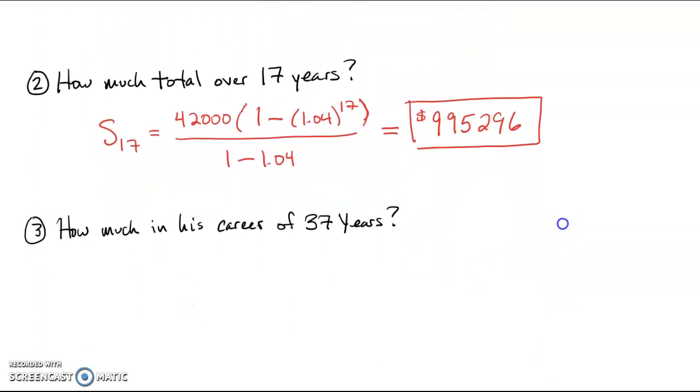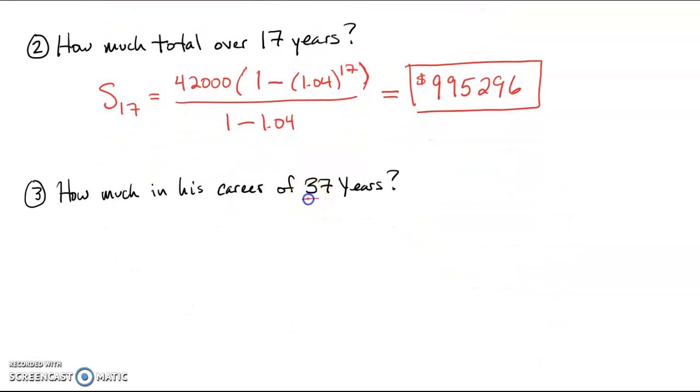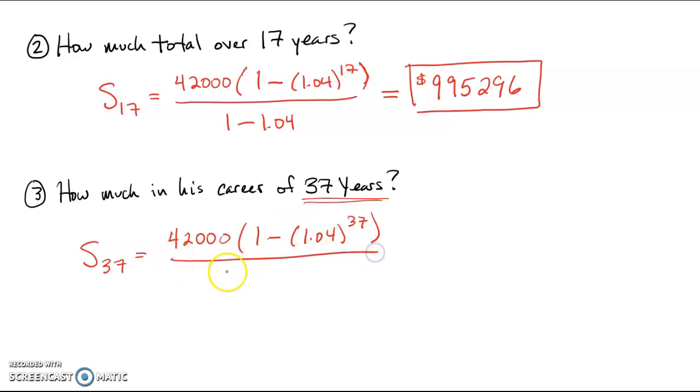And so let's do just like last time. What if I retire in 37 years? How much total money will I have made? And so S sub 37. It's really the exact same problem. In fact, if you use your calculator, you could just copy the previous problem and just change the 17 to a 37. It's a good way to use your calculator a little faster. But to the 37th, all over 1 minus 1.04.